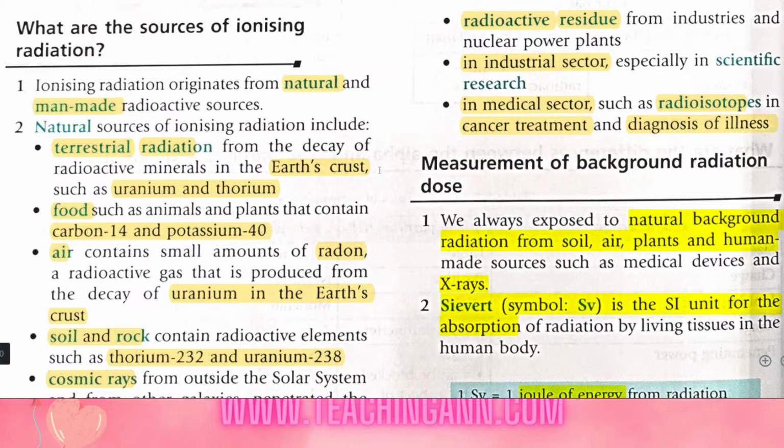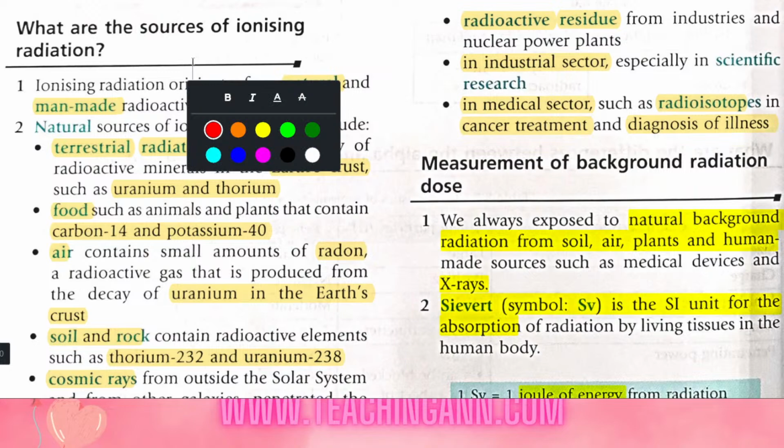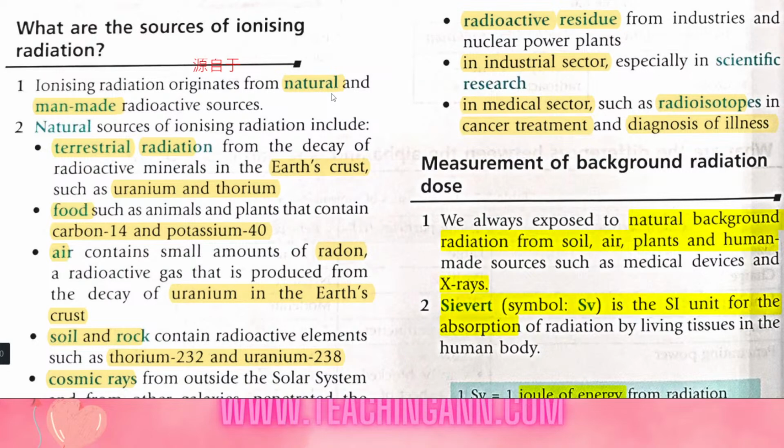Okay, so what are the sources of ionizing radiation? Your ionizing radiation could come from, originate means come from, natural or man-made radioactive sources.